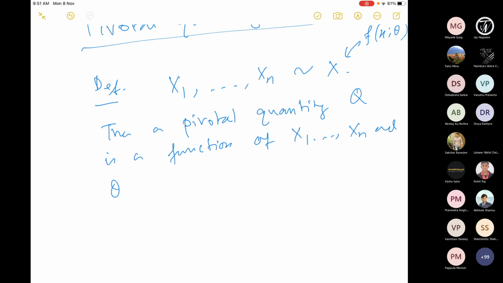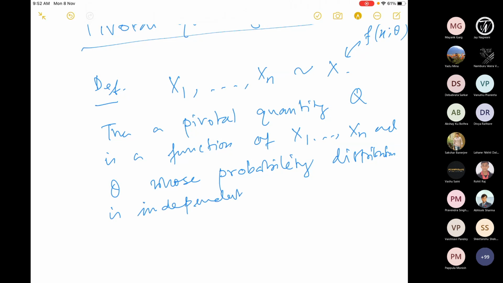This is a function of x1, x2, xn and theta, whose PDF, let's say probability distribution, is independent of theta. Independent of the parameter theta. This is very interesting.